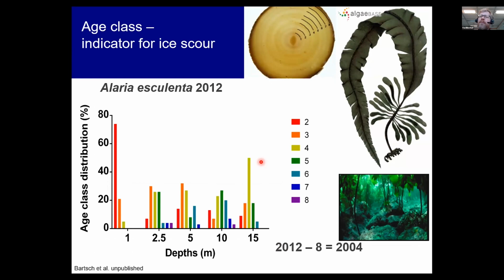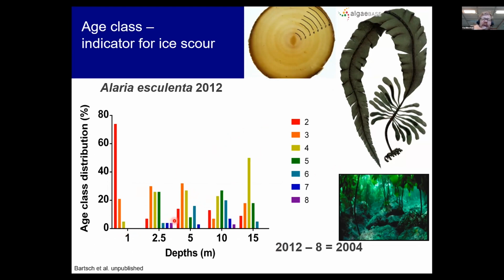With a larger brown algae, we can make cross sections through the stipe, and then we can determine the age of the plant. Just like in trees, we can count growth rings. Each year they produce a growth ring, and then we can determine the age. And this is striking here for the brown alga Alaria esculenta in 2.5 meter water depth.